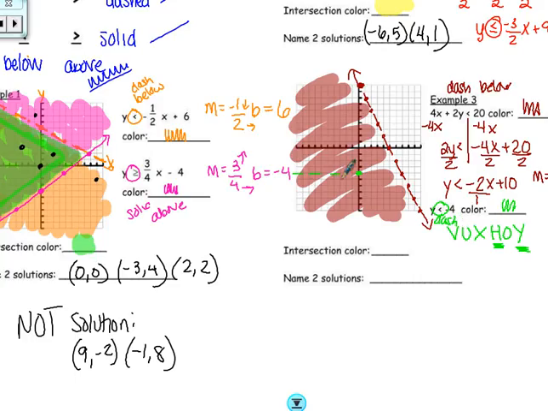So I'm going to dash it this way. And it's less than, so I know I'm going to color below this line. So everywhere below the line. That means I have an intersection in this section right here.